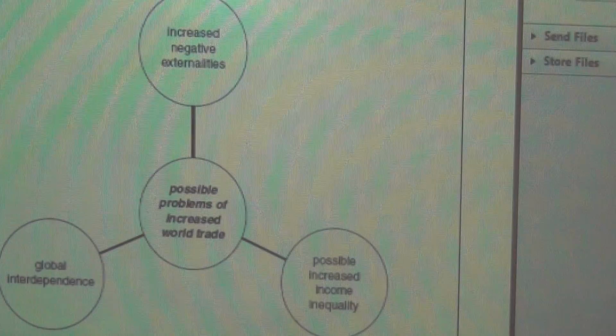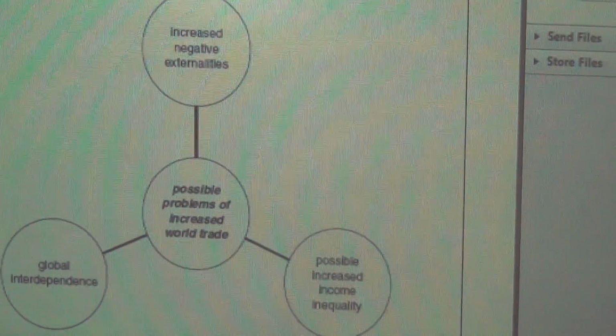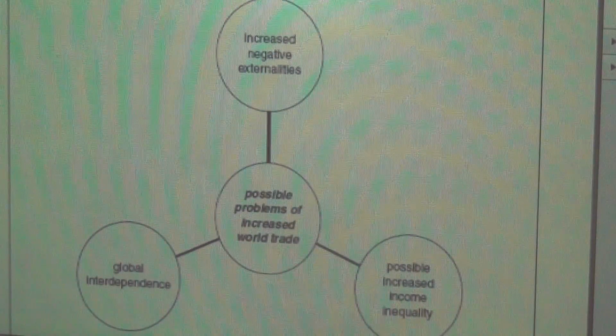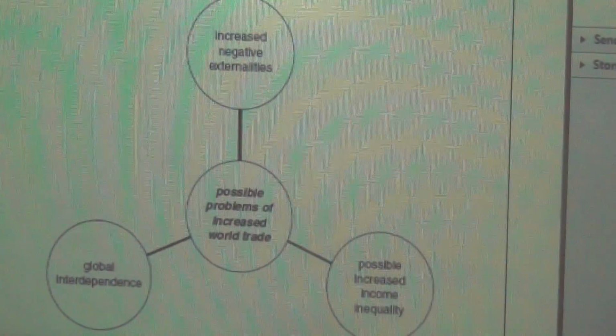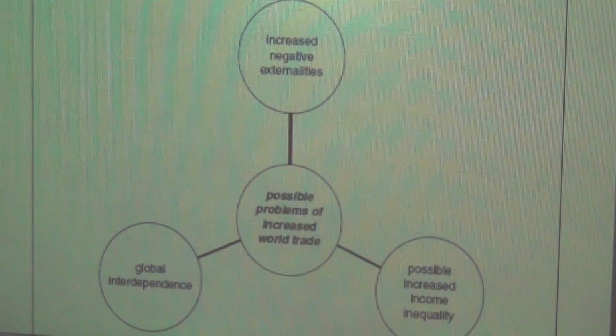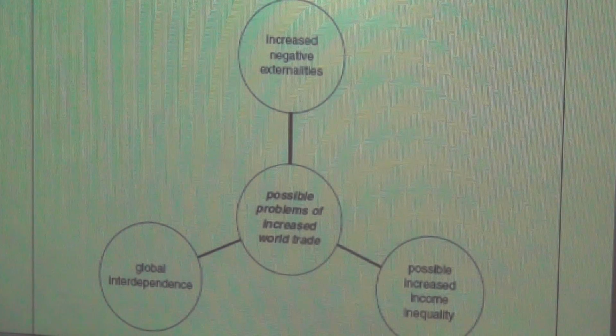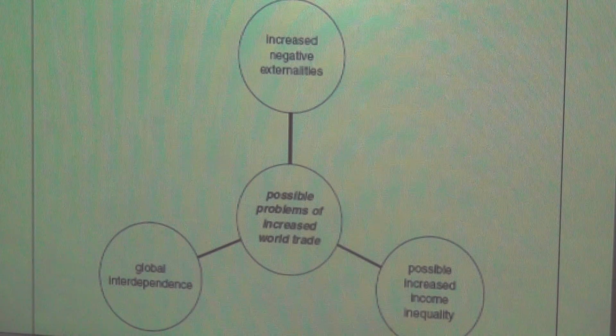So I think this extract is really teeing you up for an explanation of these points, and also perhaps a discussion of what are the pros and the cons, the advantages and the disadvantages of globalization. I could see a question, for example, 12 marks, potentially discuss the advantages and disadvantages that arise from free trade.